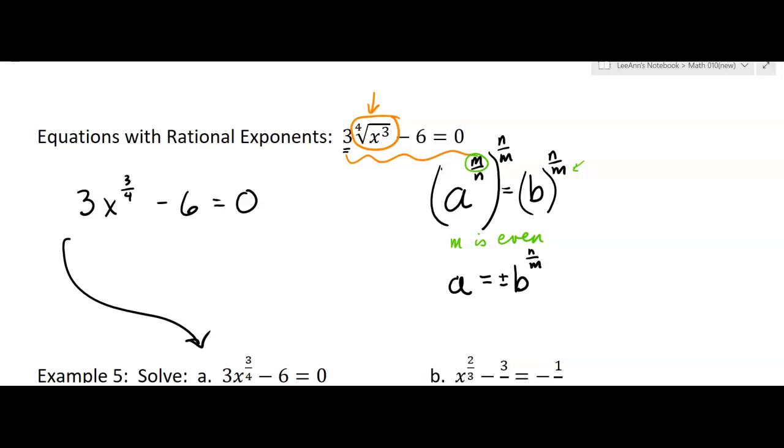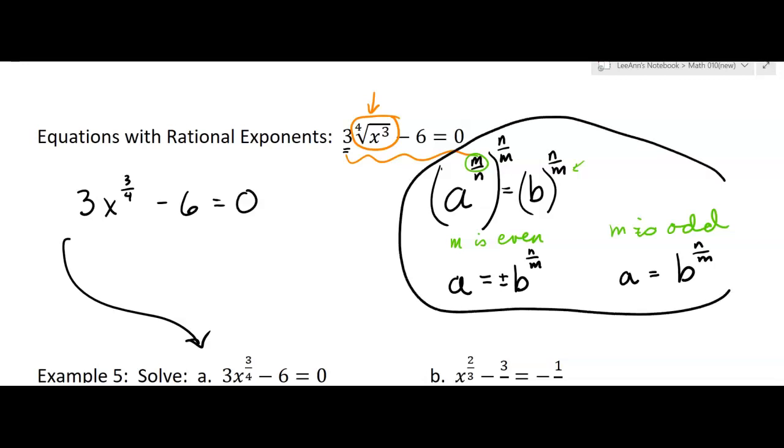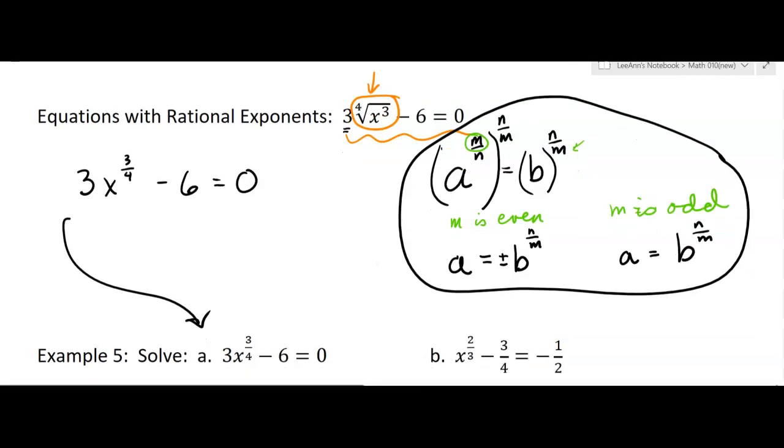But if m is odd, you don't need the plus or minus. Then a equals b to the n over m. Okay? So it's a little tricky there. It's a rule to remember. I would definitely put this on my note page for the exam. So if that numerator is an even number in the original, then you have to have the plus or minus.